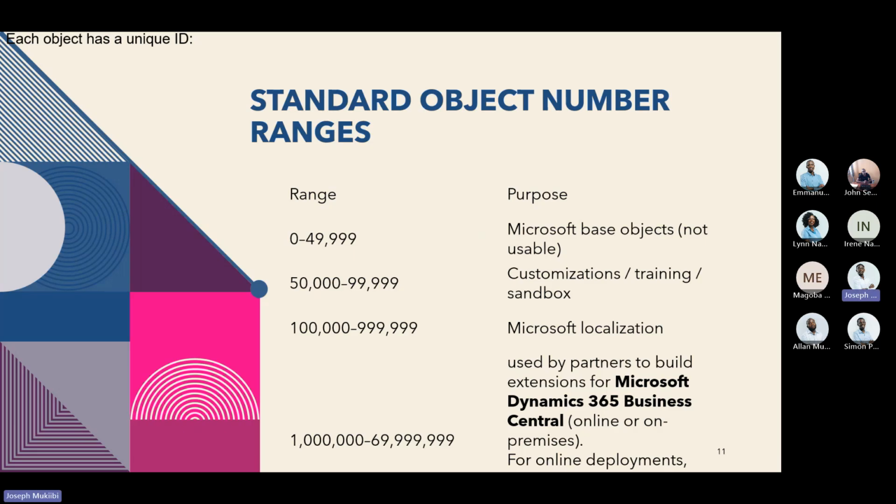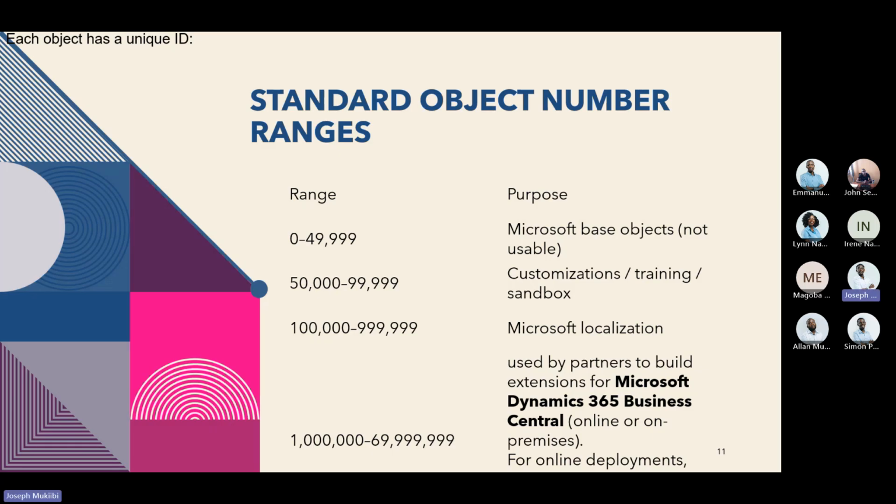So we have the object ranges. Let me just talk about it briefly here, but I have another slide that explains it more. We have these object ranges starting from 0. That's for the Microsoft-based objects, and you can't use them.